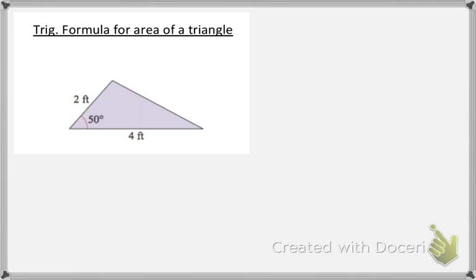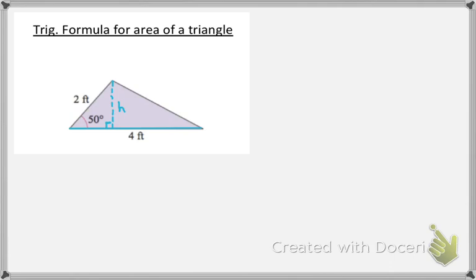And if I let 4 be the base, the height that I'm looking for, I can draw it. This will be the altitude of this triangle, or the height. It has to be perpendicular to the base. Okay, and because it's perpendicular, it forms a right angle. And so this height is what I'm looking for. And if I have that, then I can use 1/2 base times height, right?